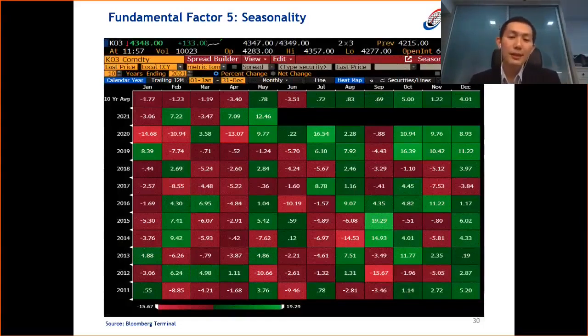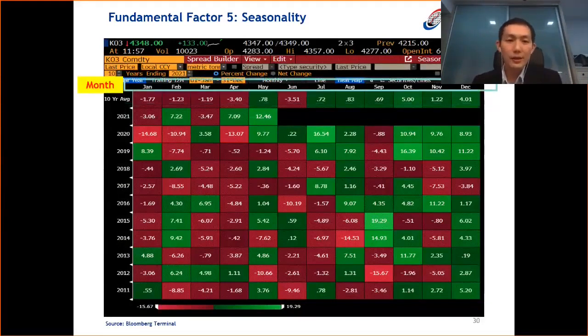Green means the whole month the price is moving up higher. Red means the whole month the price is going down lower. On the x-axis, we can see the months from January to the right up till December.